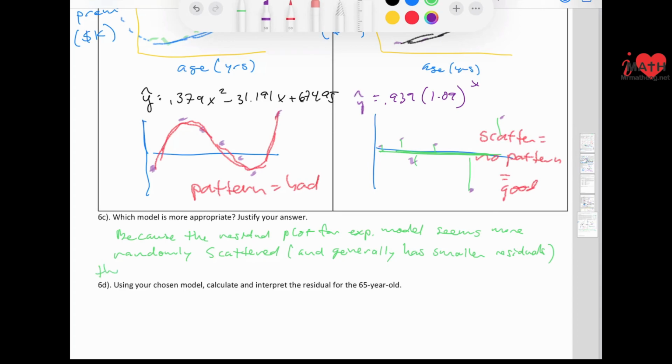The exponential model is our winner, is more appropriate than the quadratic model.